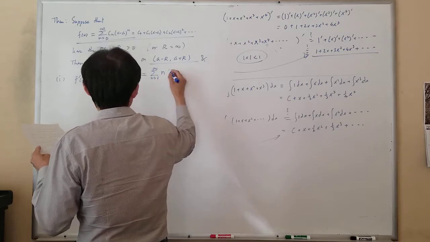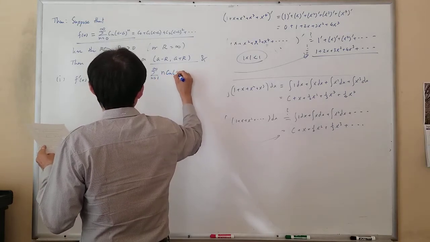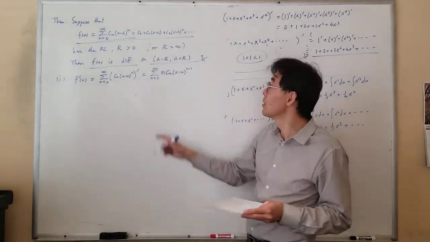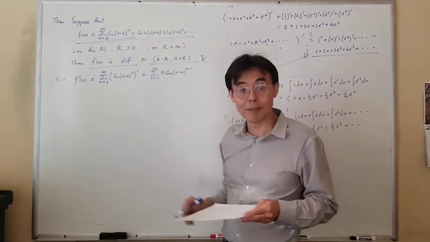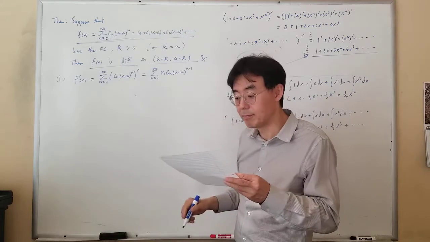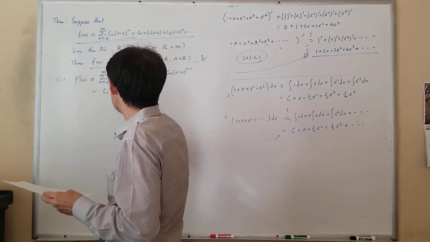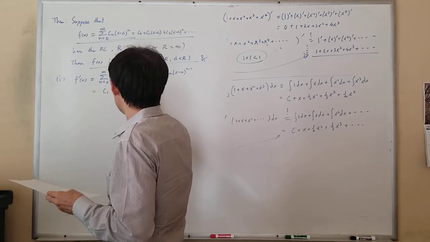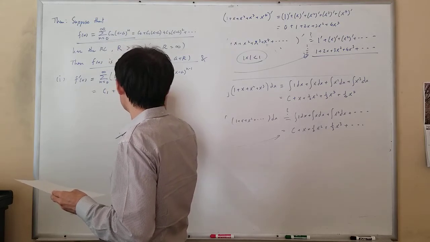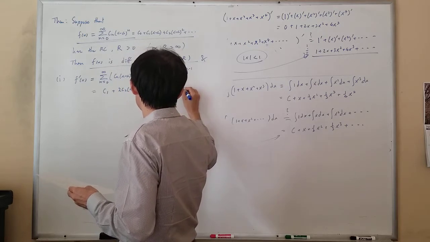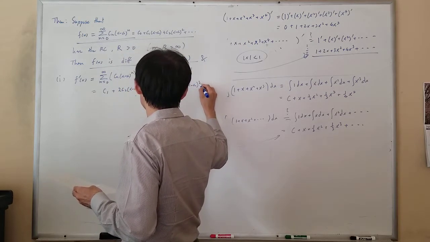And now it starts from n equals 1, n Cn x minus a to the n minus 1, because the first term becomes 0. If you want, you can write it as C1, 2C2 times x minus a, 3C3 times x minus a squared, 4C4 times x minus a to the third. Keep going.